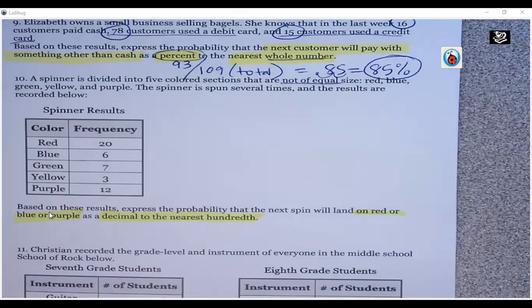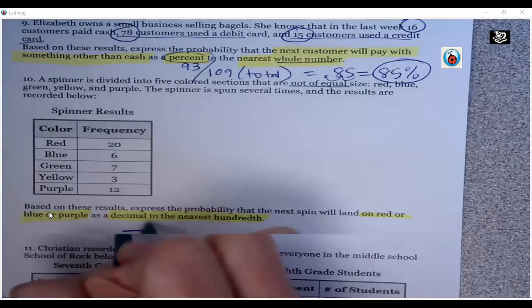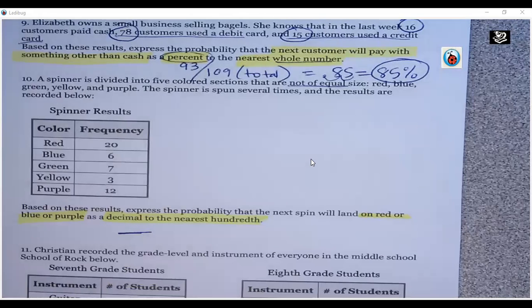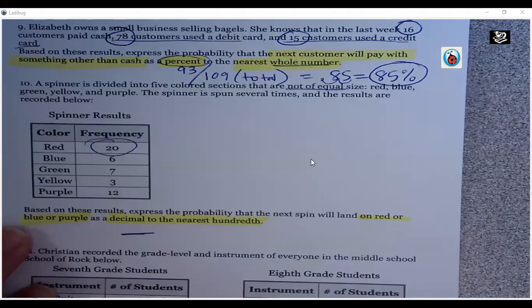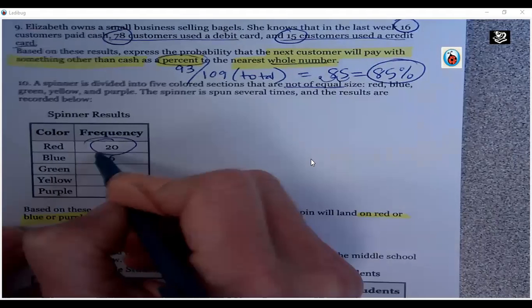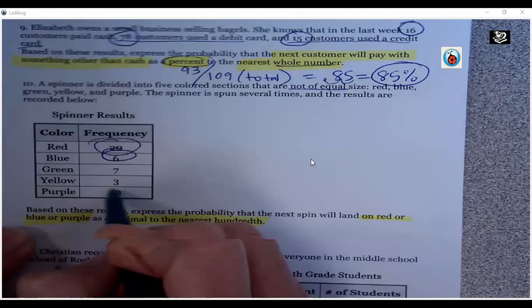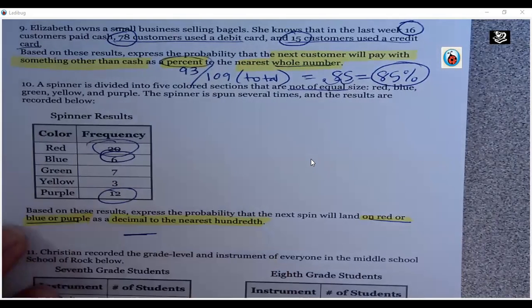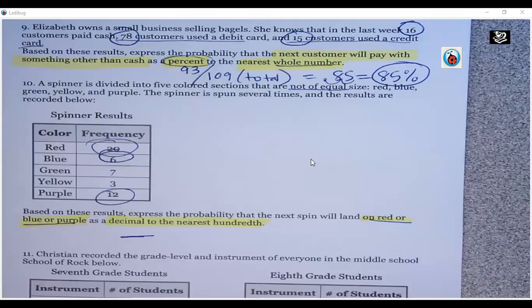Terry, how am I gonna find my numerator, my top number? What do I need to do? You gotta add 20, 6, and 12. Very good. The red, the blue, and the purple. So 26 plus 12, that gives me 38.